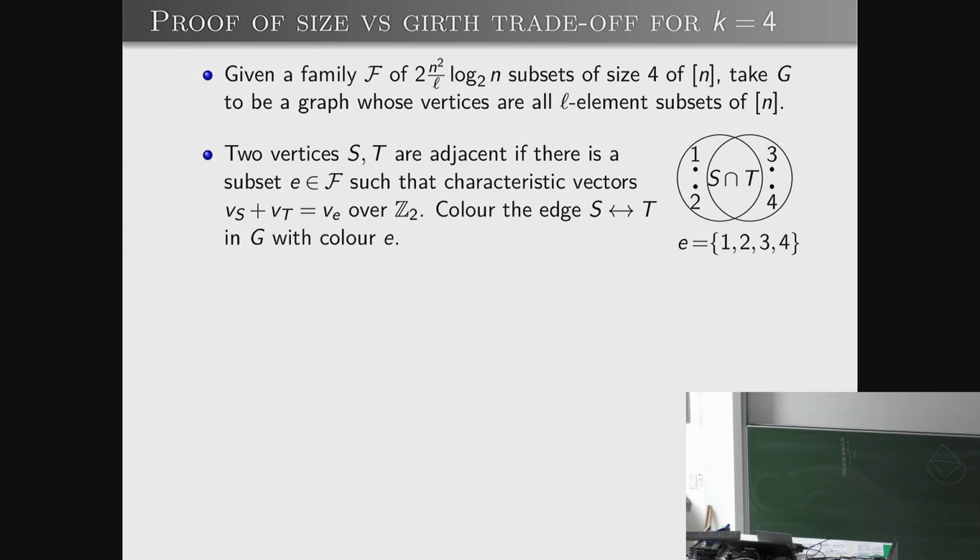So the symmetric difference gives you these 4 elements, but it's much easier to think about as this graph. You take these vectors with precisely L ones, and their sum modulo 2 is this 4-tuple. So this is your graph.